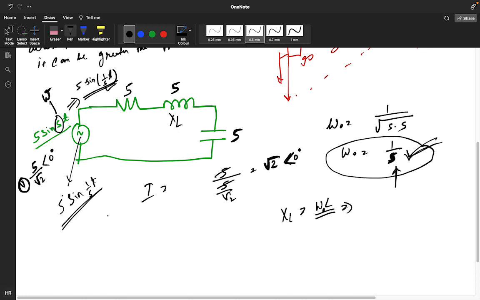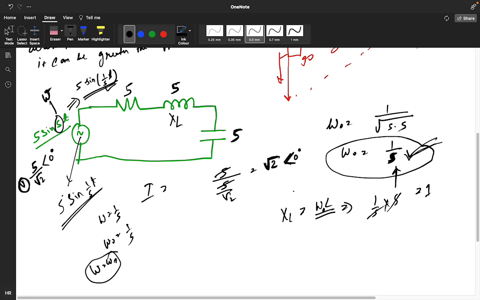Okay, so the omega value is 1 by 5 and the omega naught value is also 1 by 5, so omega equals omega naught, that's 1 by 5. If you substitute the value, omega naught is 1 by 5 and L is 5, so you are getting 1 only.